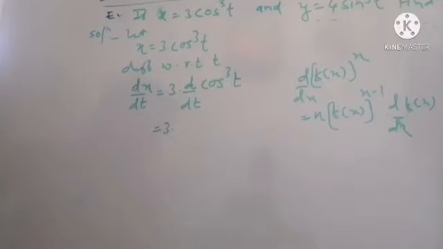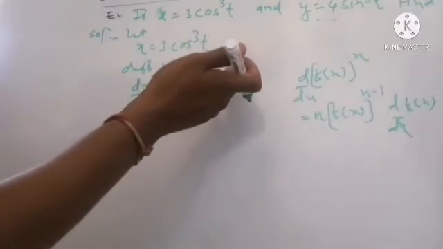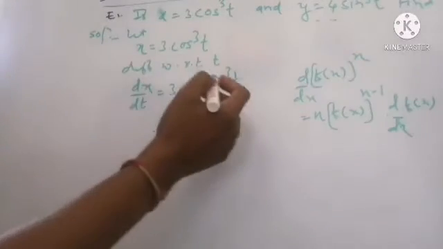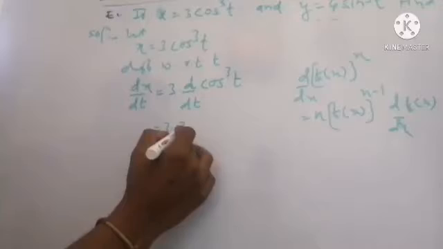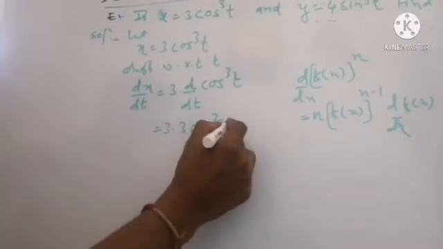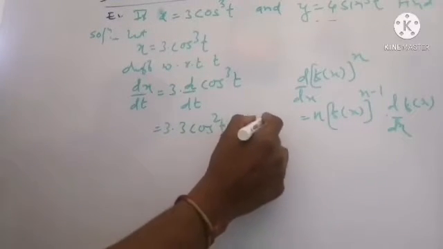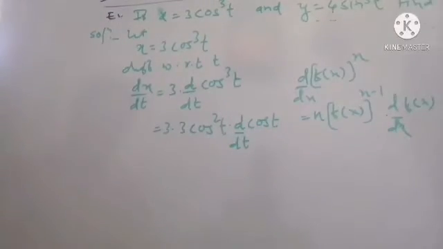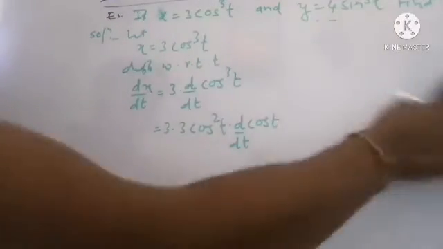That means in the power function the variable t is replaced by the function cos of t. So take the power in product and decrease it by 1 on the term cos of t. It means 3 into we get cos square t. By chain rule we have to take the derivative of the term cos t with respect to t.